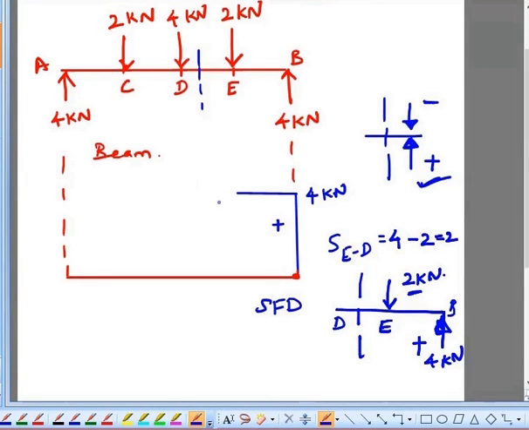So the shear force between E and D remains constant at a value of 2 kilonewton. So between E and D, I am having a shear force equal to 2 kilonewton.